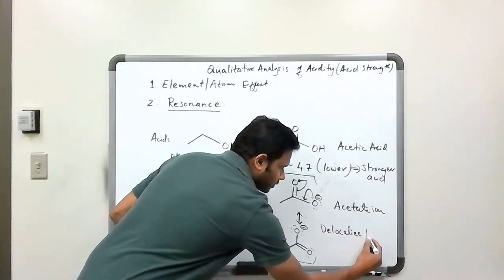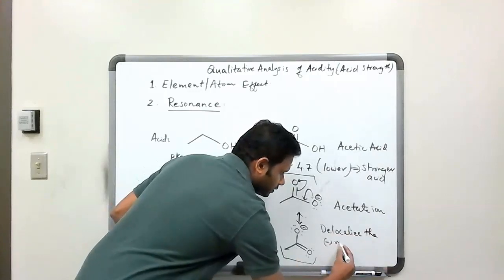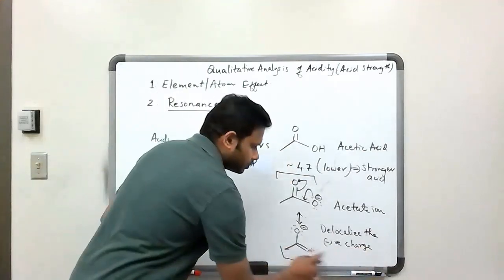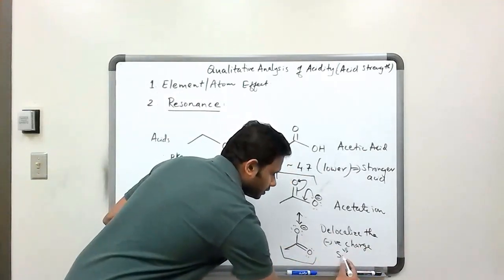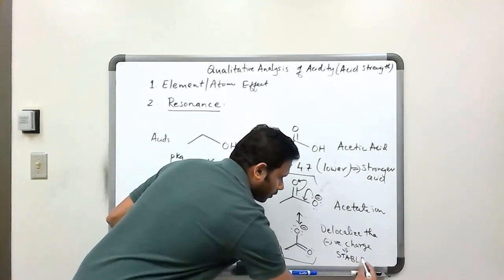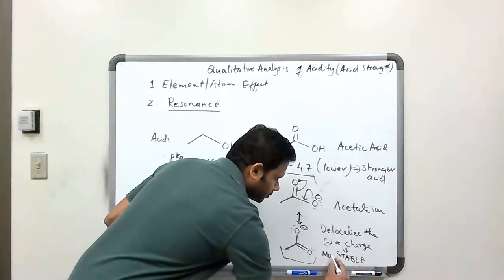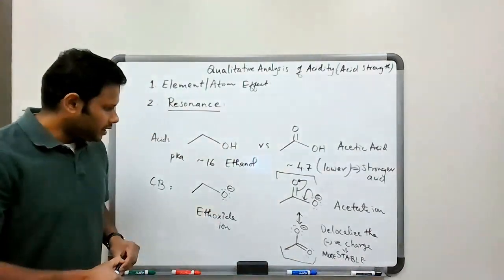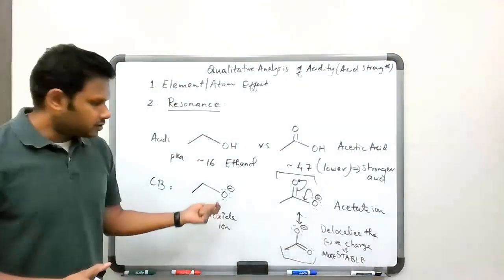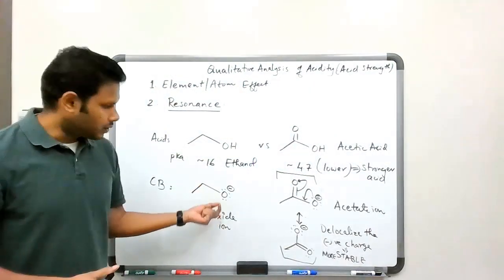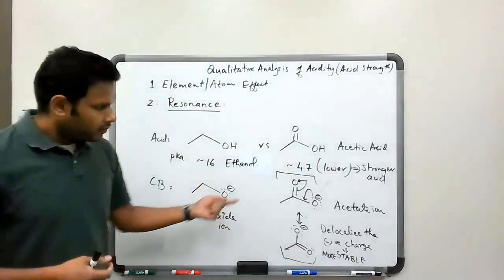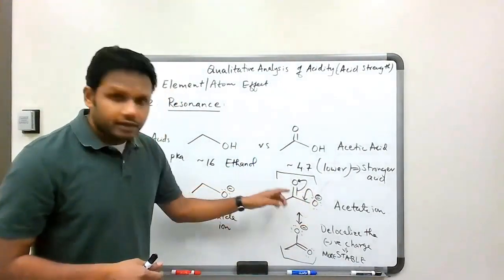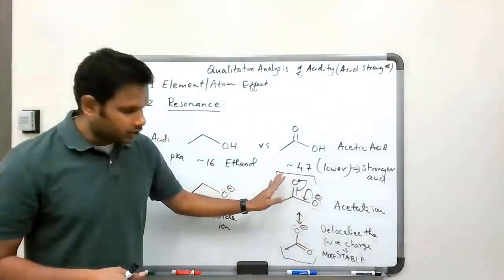It is going to make this more stable compared to the ethoxide ion, where the negative charge is always localized on a single oxygen atom, whereas in the acetate ion, because of resonance, we can spread the negative charge over two oxygen atoms.